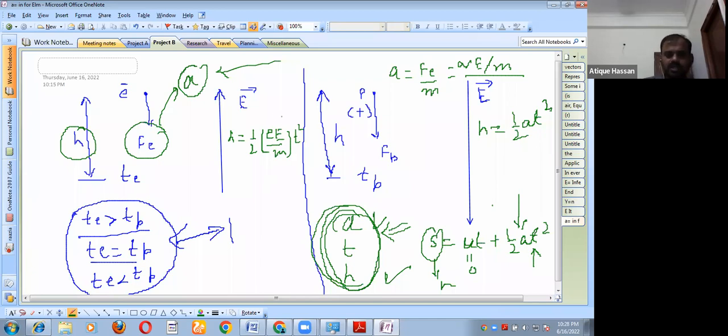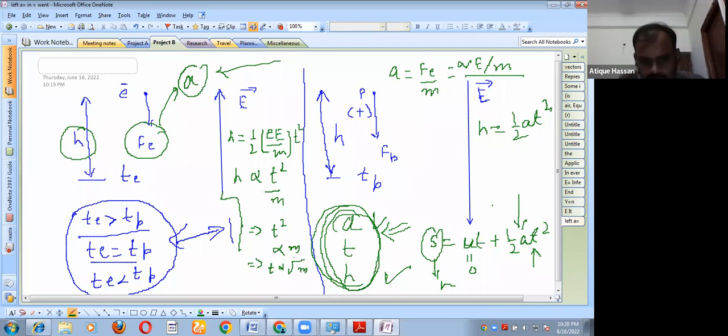Small e is constant, capital E is the electric field, that is also constant. So from here, h is proportional to t square by m, and from here you can say time square is proportional to mass, and again time is proportional to root of mass. Have all of you got this? Got my point or not?